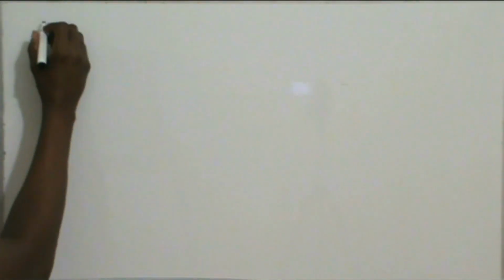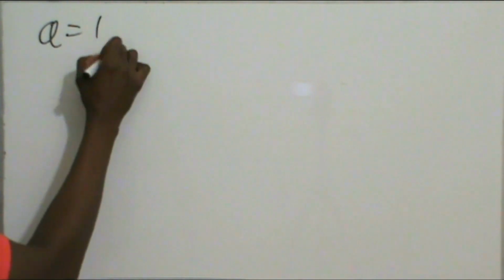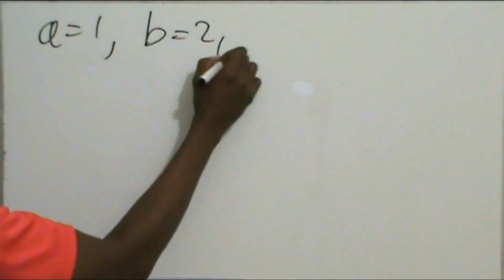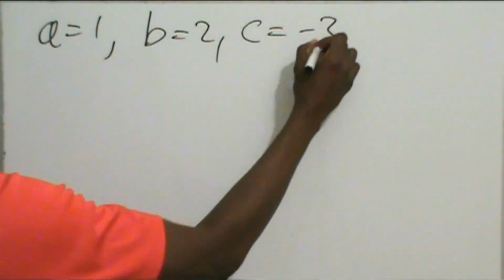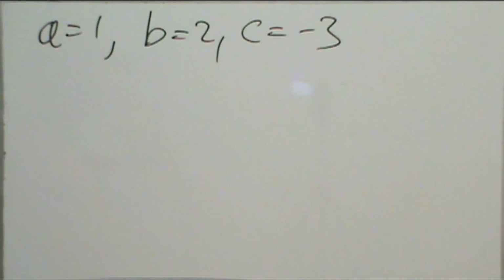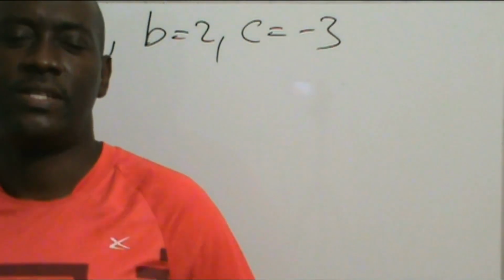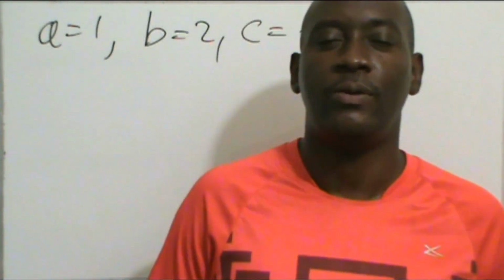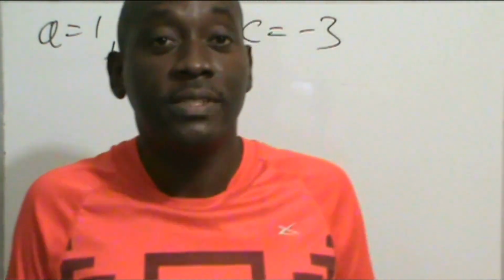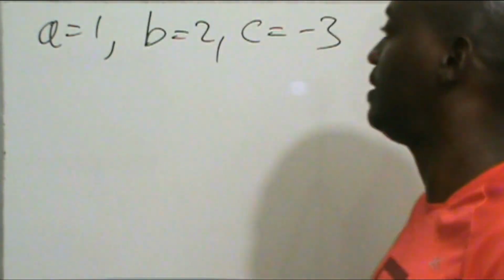So let us compose some examples. Suppose we have, let us say they give us that A is equal to 1, B is equal to 2, and C is equal to minus 3. That is the kind of situation that you would find yourself in a general CXC exam question.